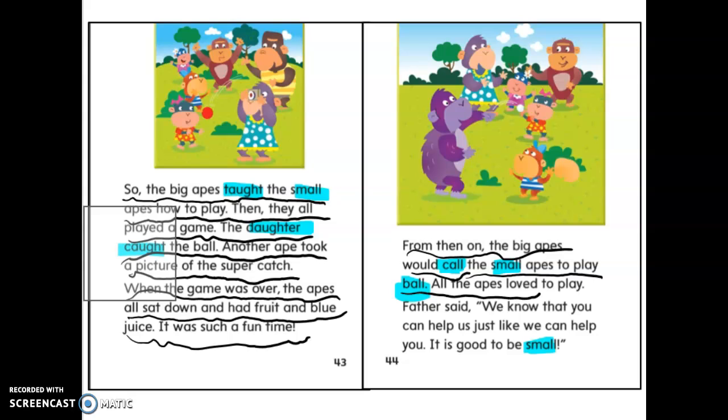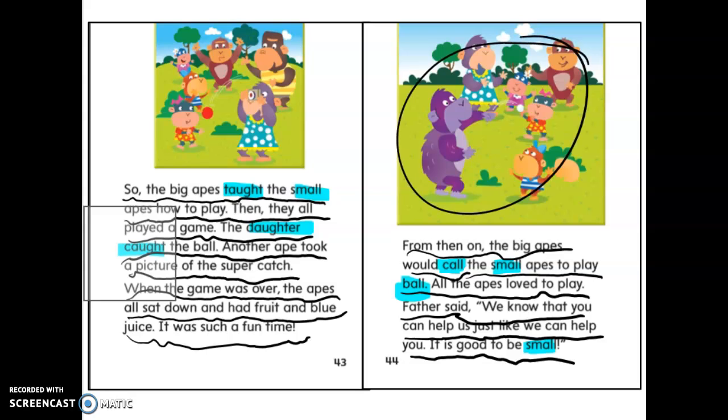All the apes love to play, Father said. We know that you can help us just like we can help you. It is good to be small. So remember that everybody should have a chance to play.